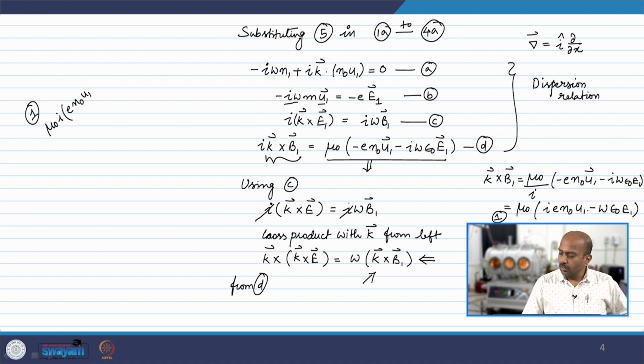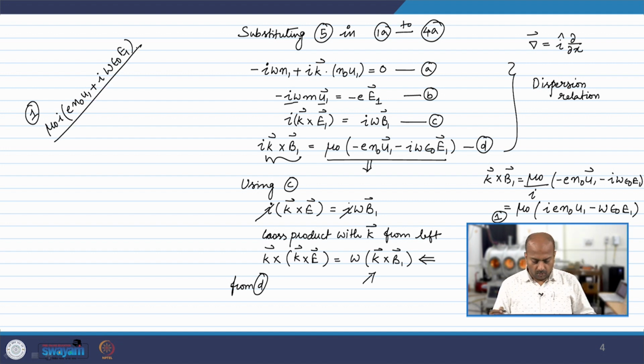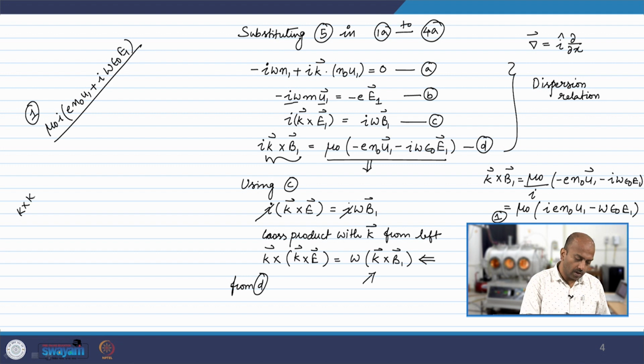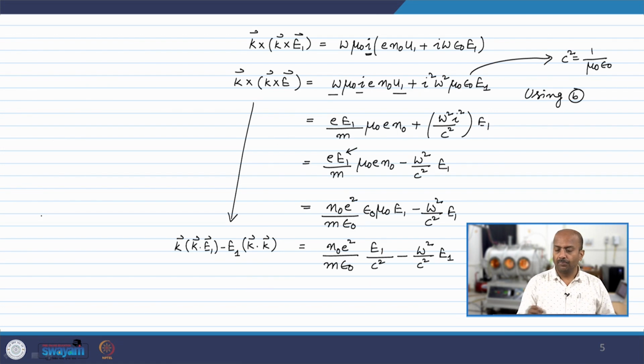There is no I here, minus 1 can be written as plus I square, which will be plus 1, I has already gotten out of the bracket, I omega epsilon naught E1, right. Now, what is this equal to? This is equal to k cross E. Right. So, I have used this as it is here, k cross E is omega mu naught I e n naught U1 plus I omega epsilon naught U1.